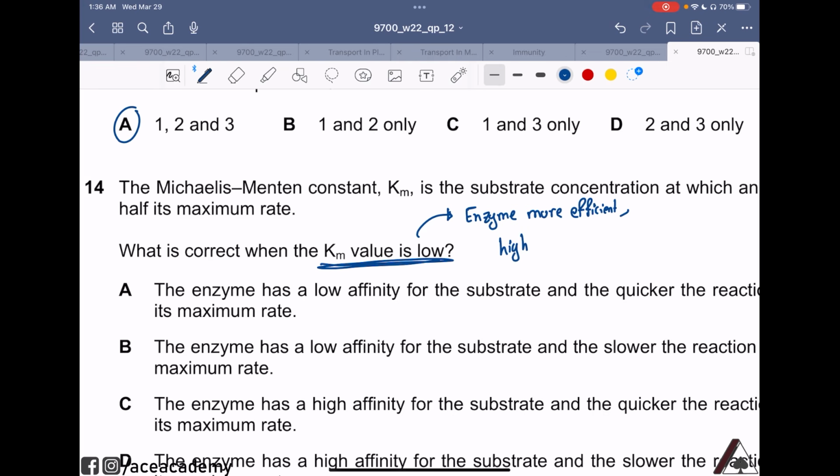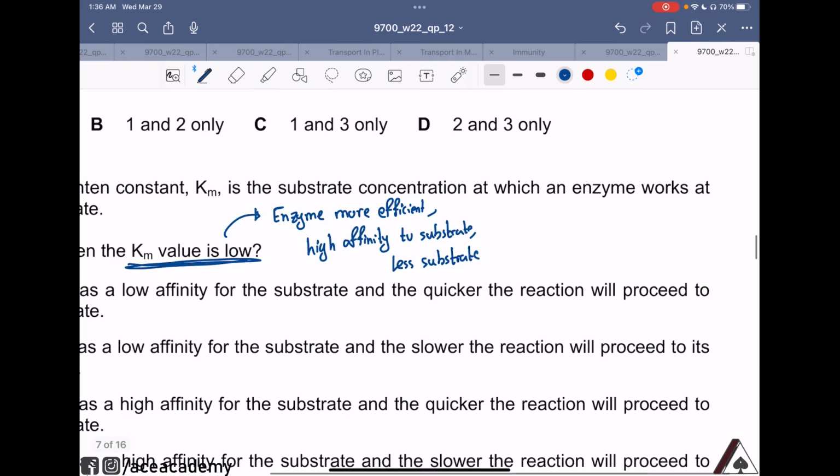High affinity for the substrate, meaning it can bind to the substrate more easily. And it also means that less substrate is required for Vmax. Vmax is the maximum rate of reaction, so faster, shorter time to reach Vmax.